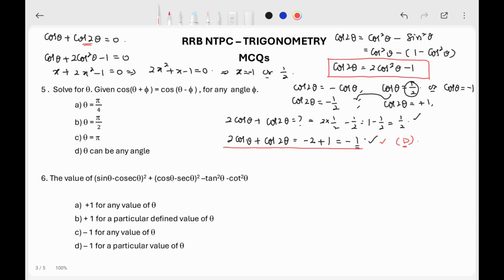Let us draw it first. Here we can't just draw the triangle because plus theta and minus theta both are there. Let us draw the circle. Let us say this is phi, any angle phi. We have to find the angle theta.